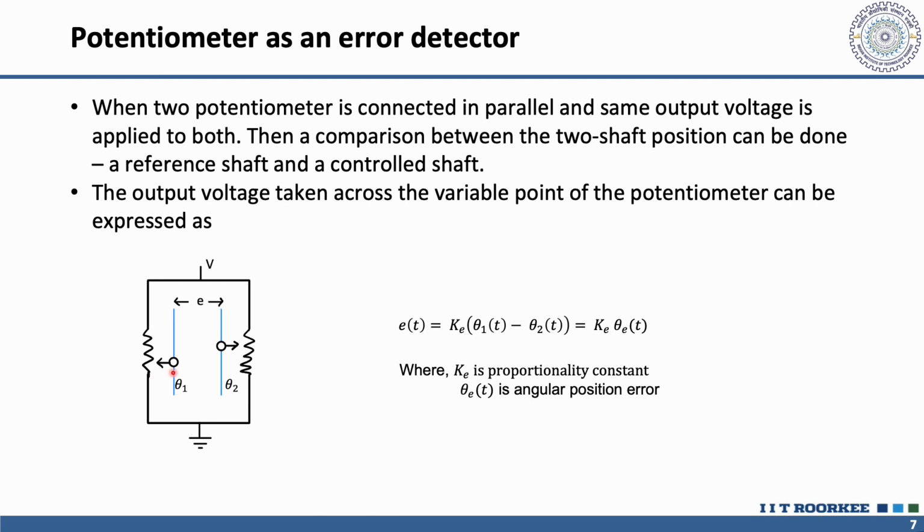Here are the two potentiometers, this one and this one, connected in parallel, and the same voltage V is applied to both. We are making a comparison between the shaft positions theta 2 and theta 1. Here theta 2 is the reference shaft and this one is the controlled shaft.